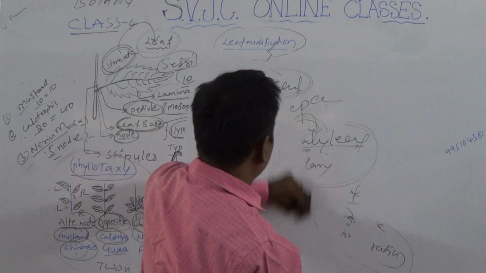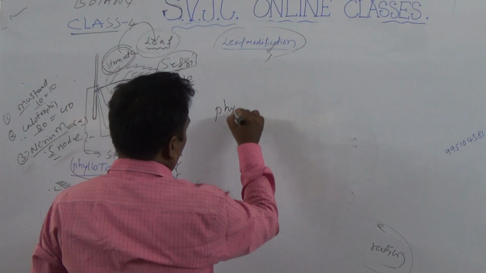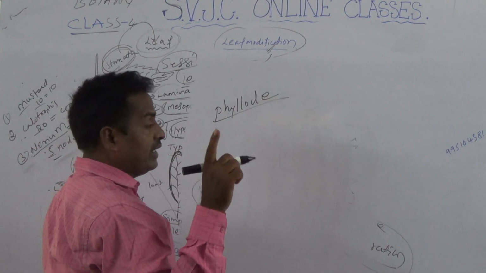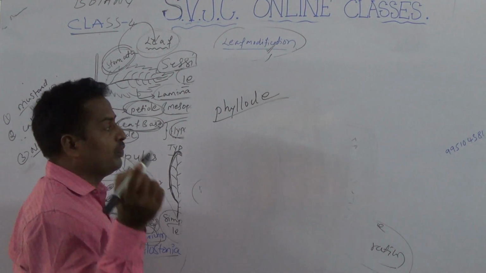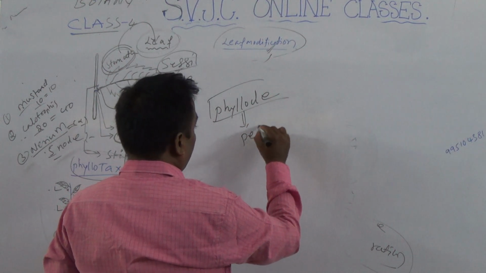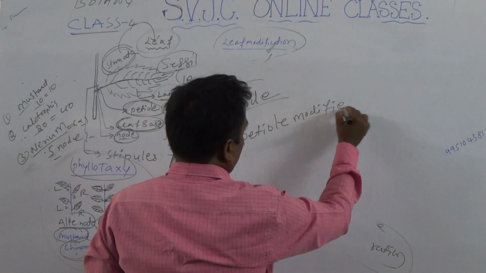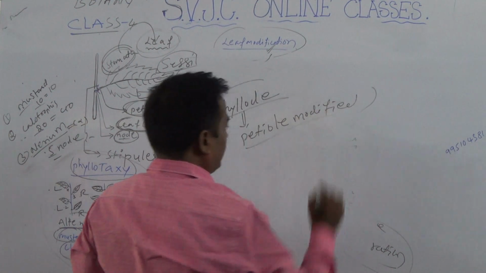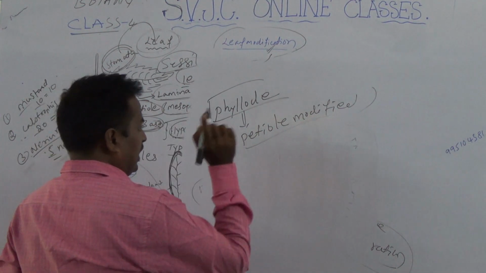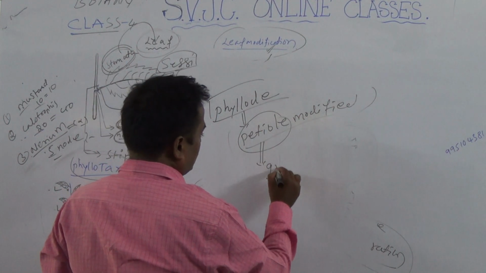The next modification is phylloclade. Do you know phylloclade? Phylloclade is an aerial stem modification, for example Opuntia. Students, madams, the phyllode is a modified petiole. The phyllode is the petiole modified into a green and flattened structure.